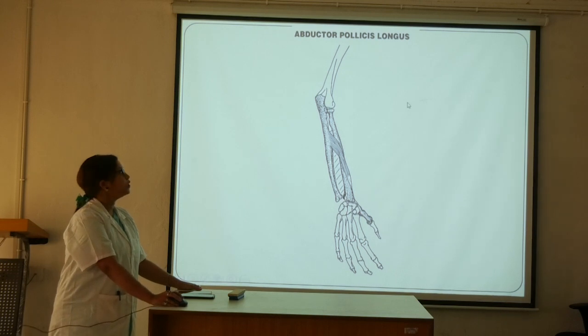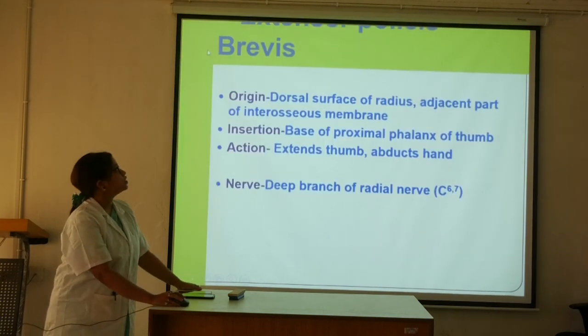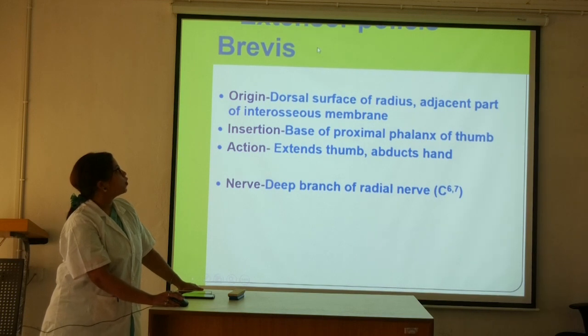Two tendons meet together. Okay, so this one is extensor pollicis brevis. The origin is the dorsal surface of radius, adjacent to the interosseous membrane. Insertion is where? Base of the proximal phalanx.